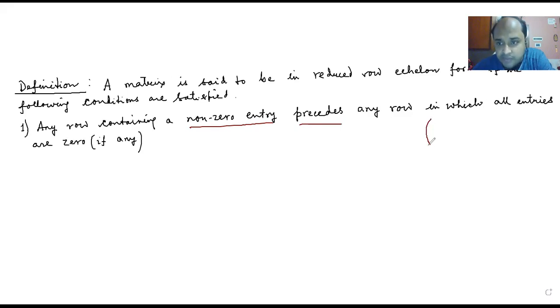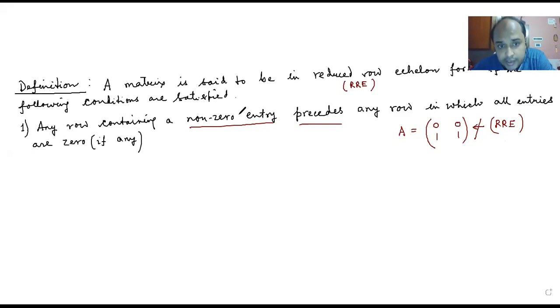So suppose I'm giving you a matrix like this, capital A, and I'm saying that this is my matrix: 0 0, 1 1. This matrix is not in, let us call it, reduced row echelon form, RRE form. Why?